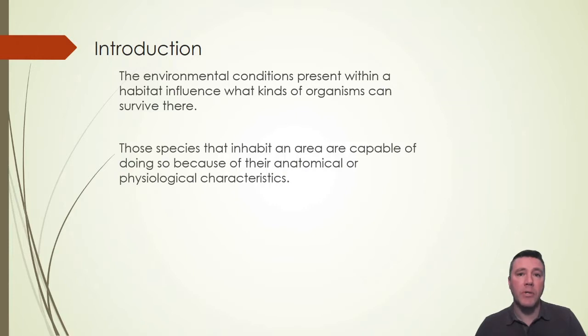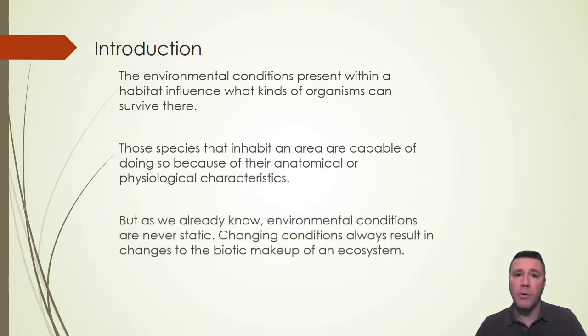The abiotic resources, climate patterns, light availability, seasonal variation, and even the topography of a habitat are all responsible for the evolutionary development of the structural, or anatomical, and functional, or physiological, traits possessed by organisms that allow them to survive there. But also, as we've previously seen, constantly changing environmental conditions lead to a constantly changing biodiversity of an ecosystem.